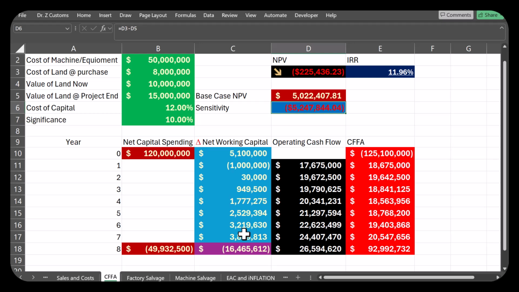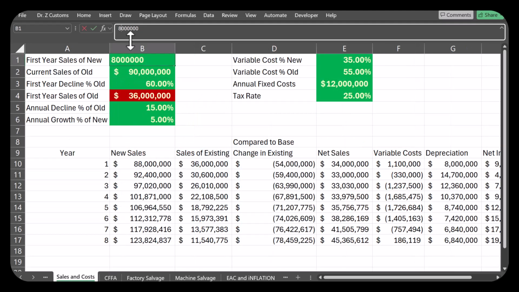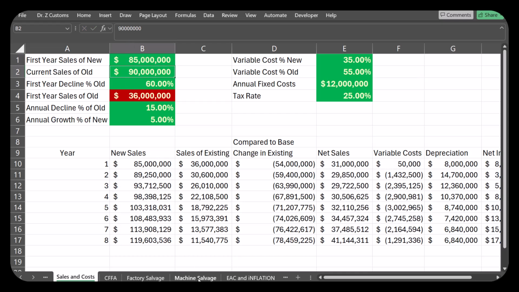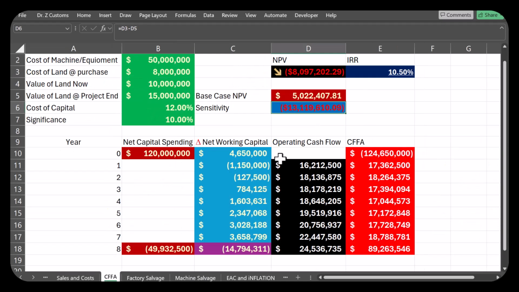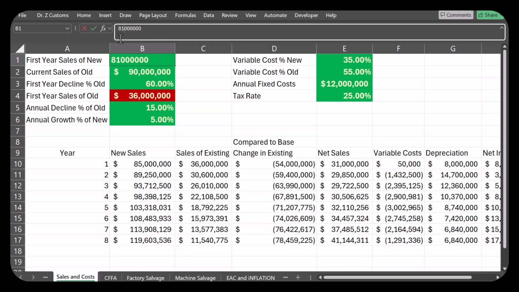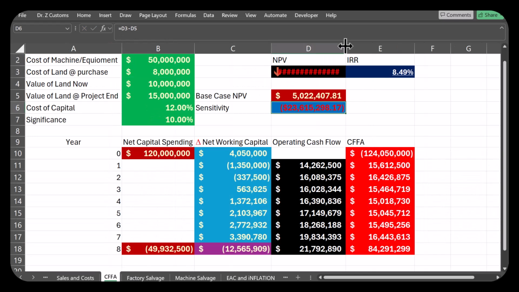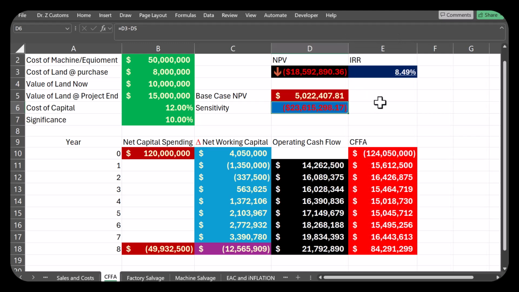Or let's make it even a bigger change, maybe 85. I mean, it's basically slightly over 5% change, right? Or let's do 10% from the base. Yeah, I even get a red down arrow.